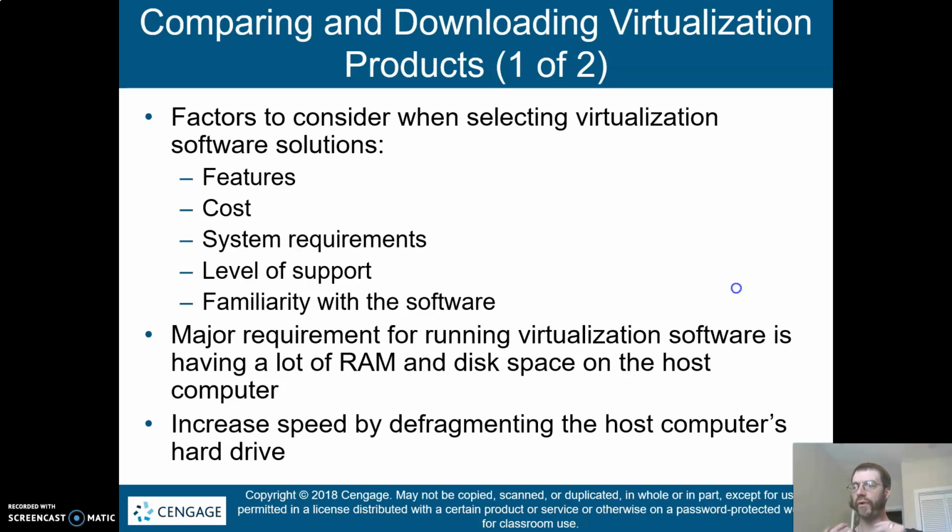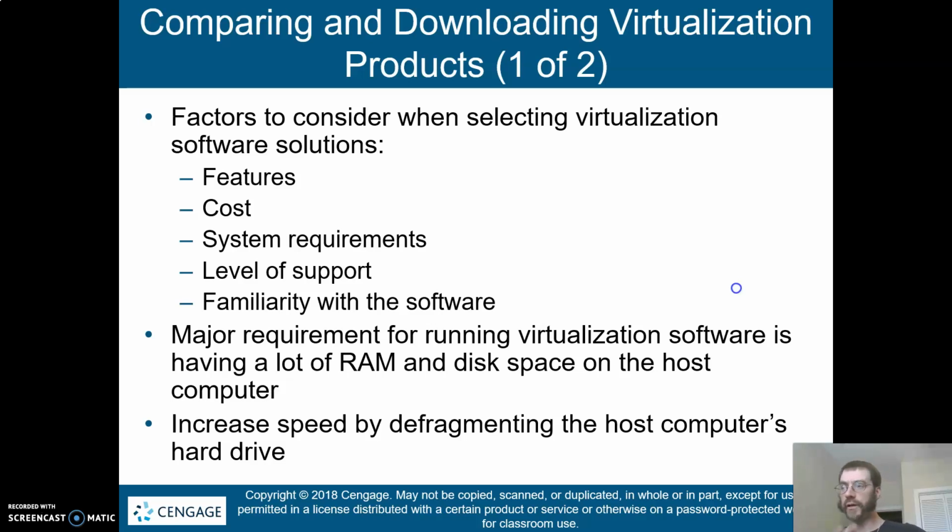Now think about RAM and disk space. You really, really, really need a lot of RAM and a lot of disk space, particularly if you're going to have a lot of VMs running. Now you can help yourself a little by defragging the host computer's hard drive. You can help yourself a little, or a lot really, by having multiple hard drives, as long as they're not going to do silly things like drop and come back on you.